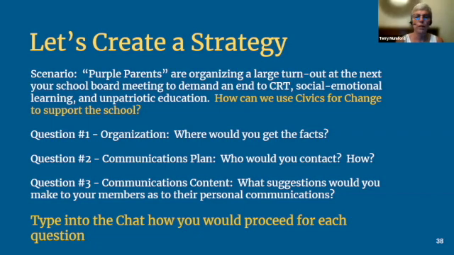Who else would they contact, and how would they do that? And then the third question is, what would you say? What would be the key points that you would make in these communications?